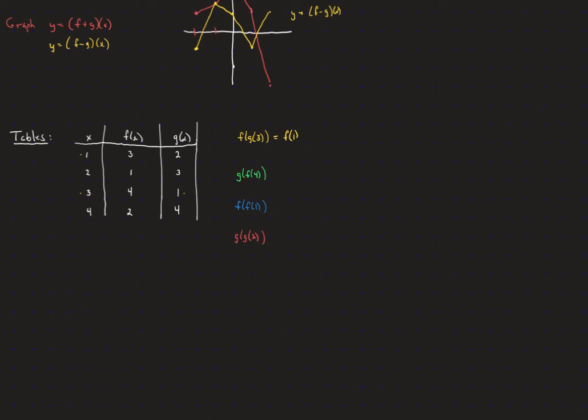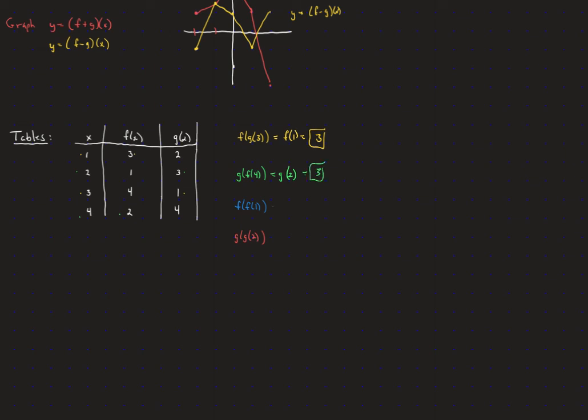We take 1 and plug it into f, and that looks like it's a positive 3. For g of f of 4, we're going to plug 4 into the f function, which is 2, then take the 2 and plug it into the g function, and that looks like it's 3 as well.